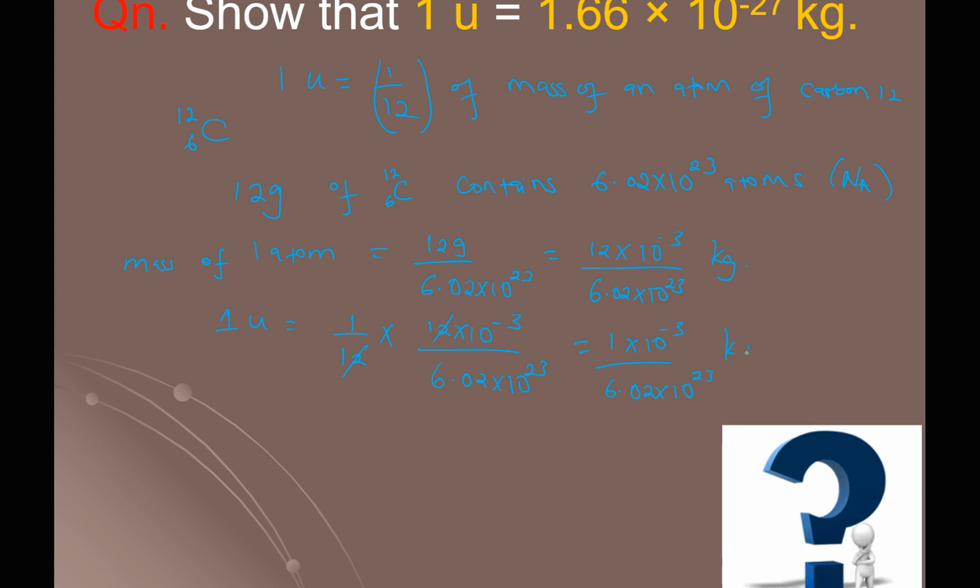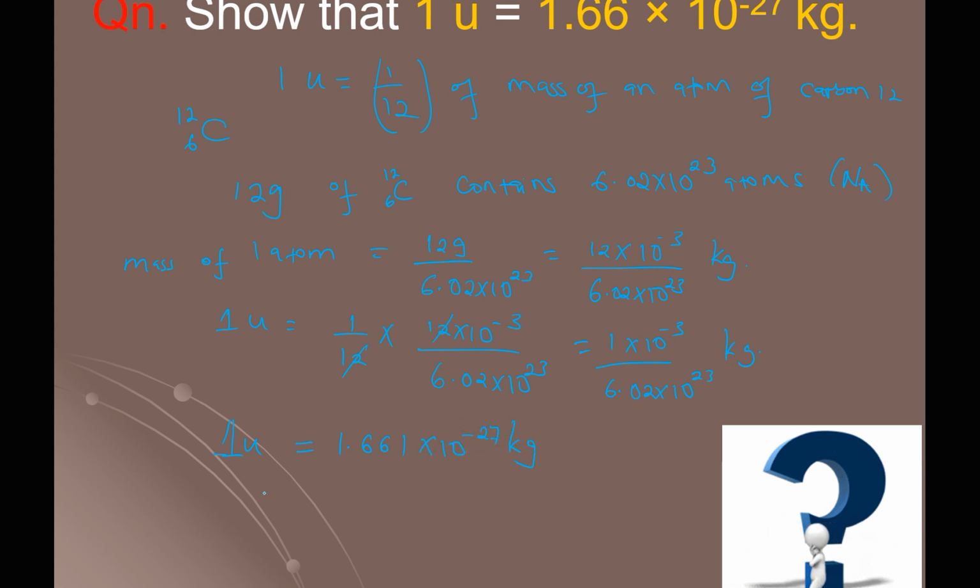This is in kilograms. So I have that 1U is equal to 1.661 times 10 to the power of minus 27 kilograms.